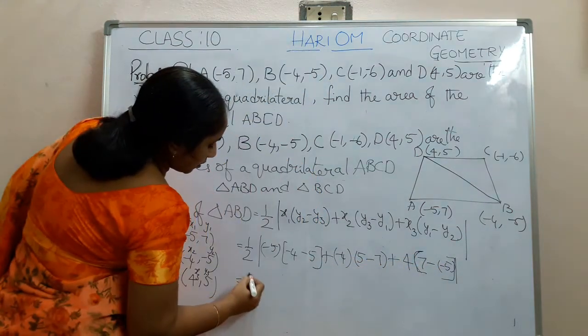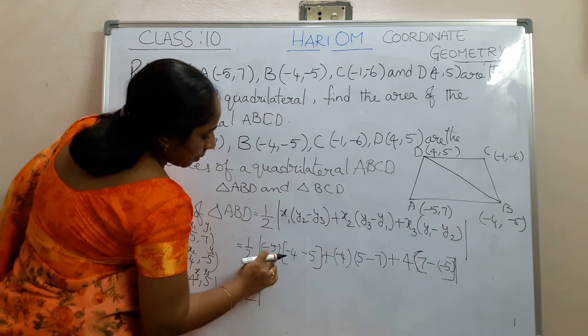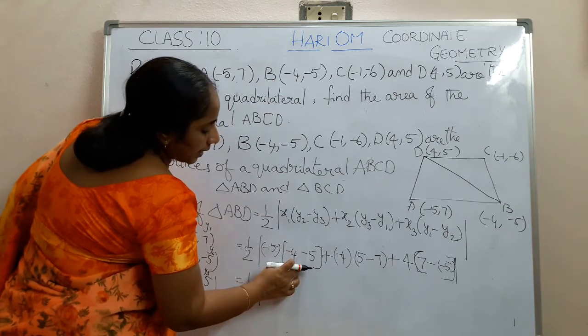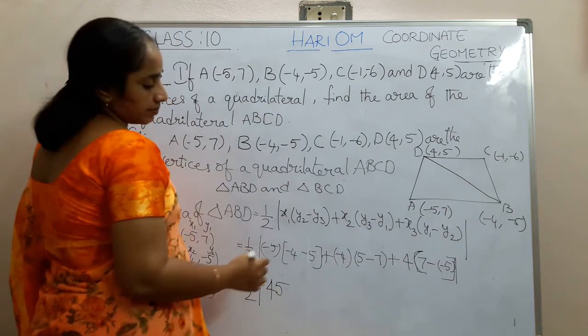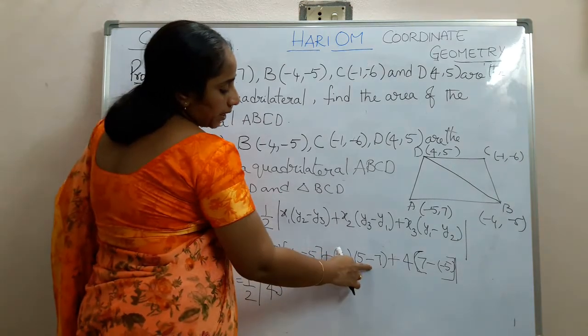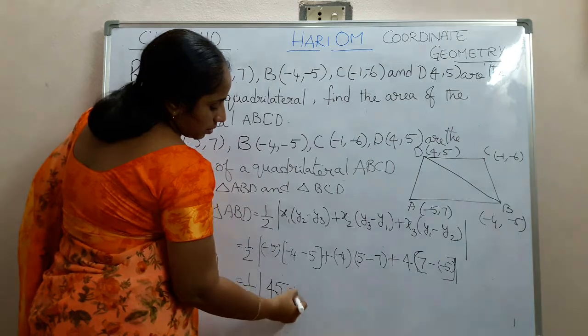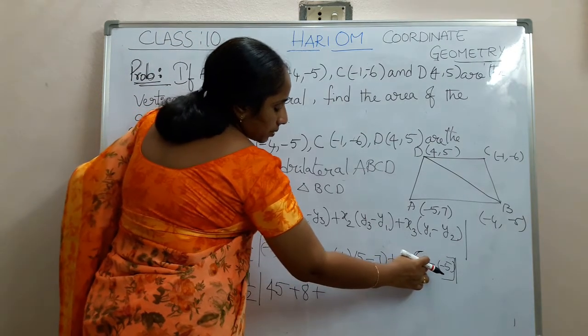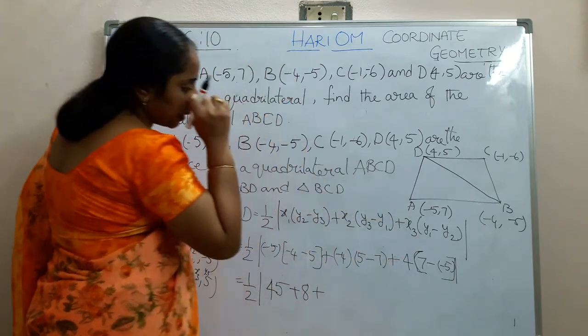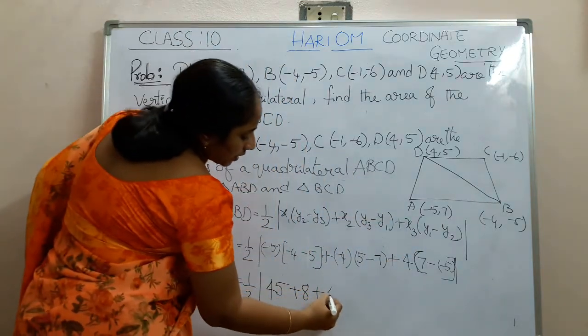It is 1 by 2, minus 5 into minus 9, it is plus 45. Minus 4 into minus 2 plus 8. Plus 12, 12 fours are 48.